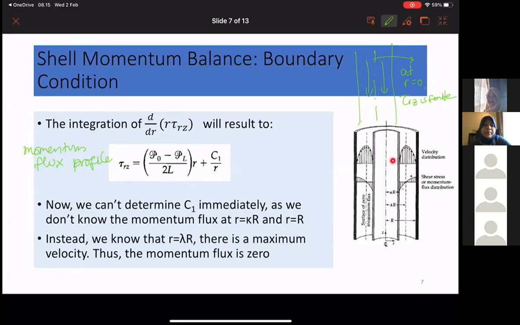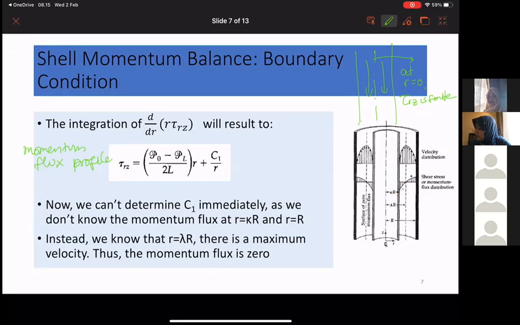So we can't determine the C1 immediately, because we don't know the momentum flux at r equal to kappa r and also r equal to r. Remember, this is the equation about momentum flux, so the boundary condition should be related to the momentum flux. So we have to find the momentum flux at r equal to kappa r.